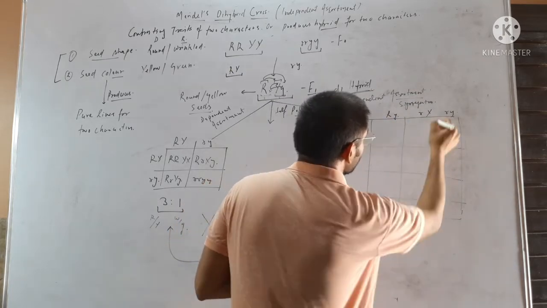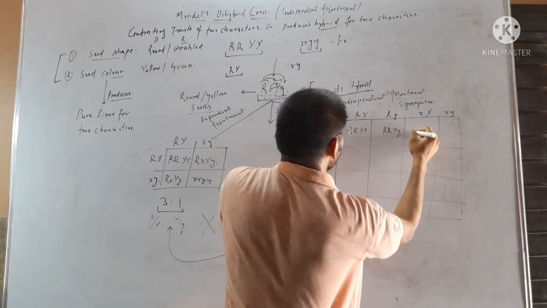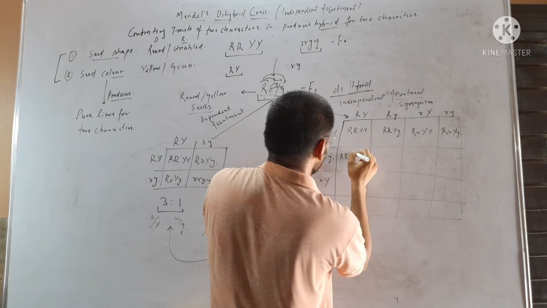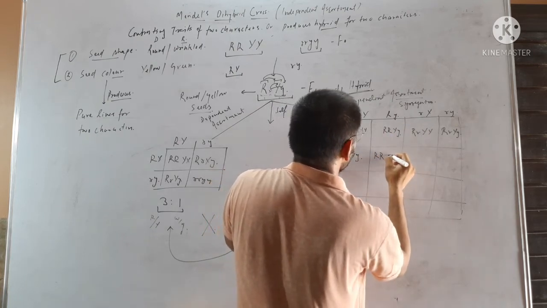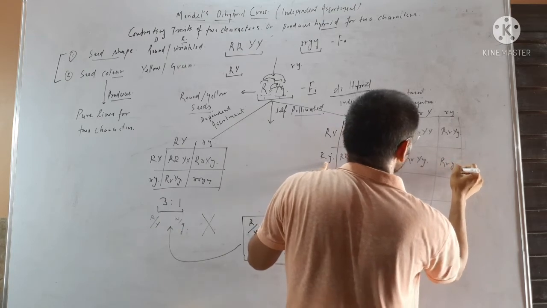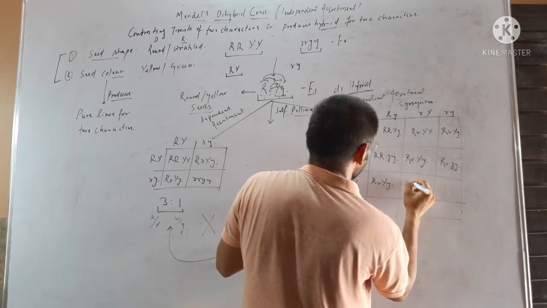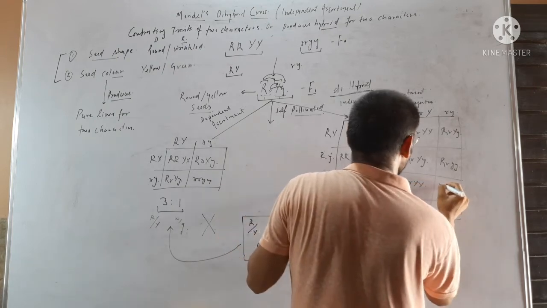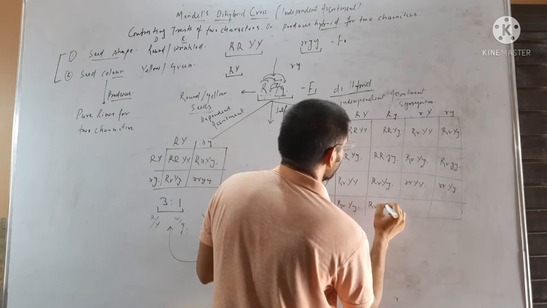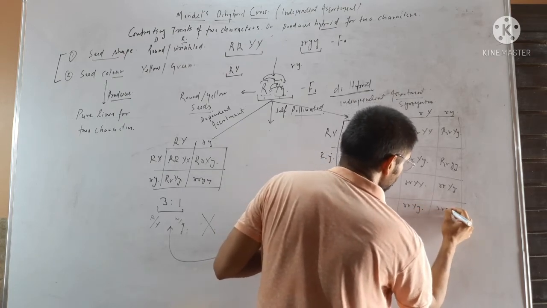After fertilization, the Punnett square gives all the combinations of capital R, small r, capital Y and small y.